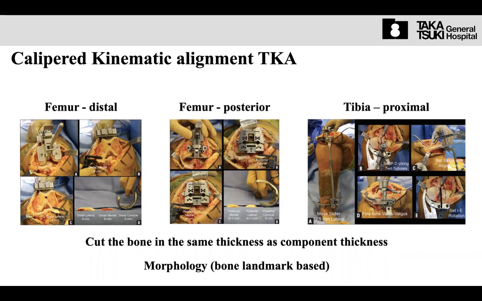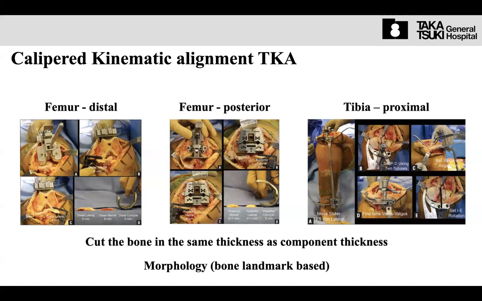So the cutting thickness should be 8 millimeter and 8 millimeter on both sides. If cartilage wear is already seen on the medial side, the cutting thickness should be 8 and 6.